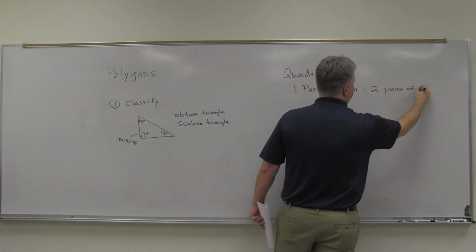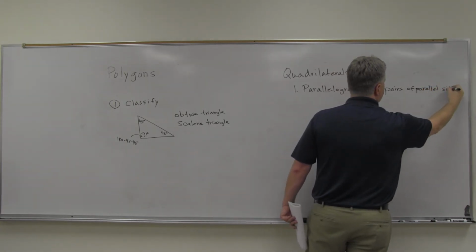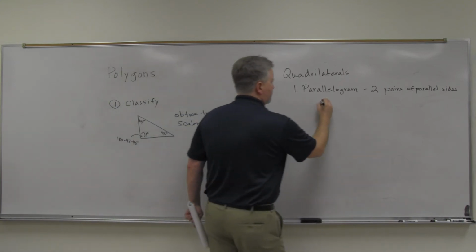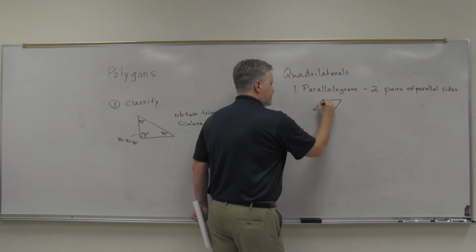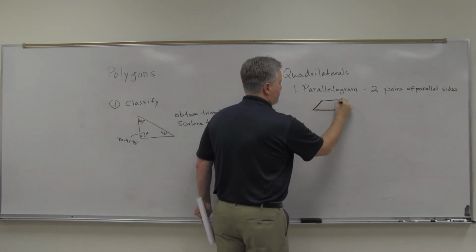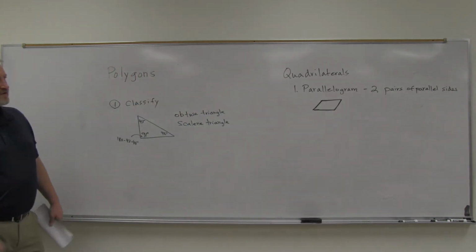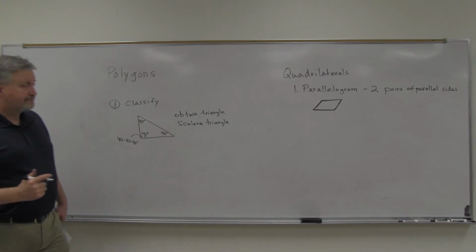And the one we usually think of, parallelogram, was like that, where these sides are parallel and so are the top and bottom. There's other variations of that, but if you've got two pairs of parallel sides, that's a parallelogram.